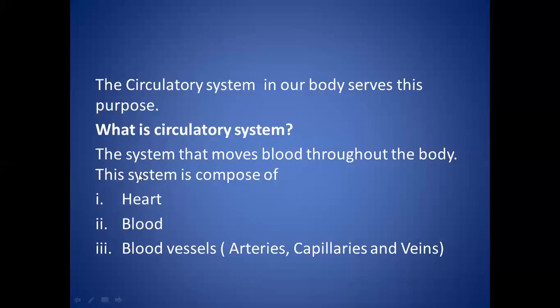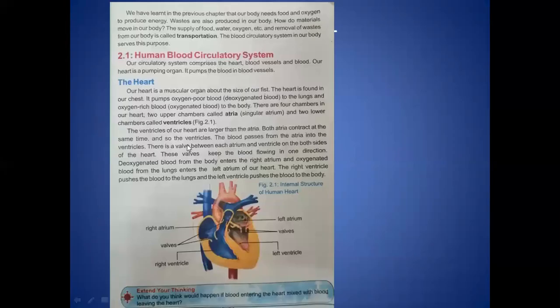So the circulatory system is composed of three important organs: heart, blood, and blood vessels. Three types of blood vessels are present in our body: arteries, capillaries, and veins. Our heart is a pumping organ.